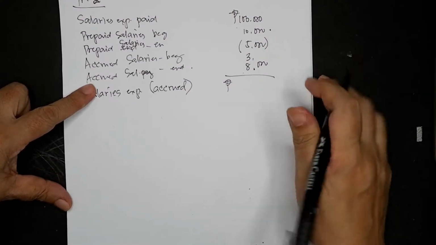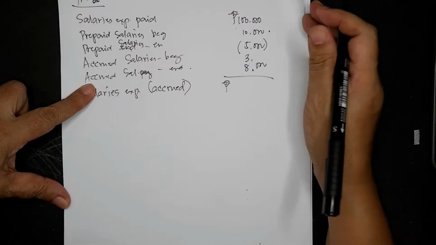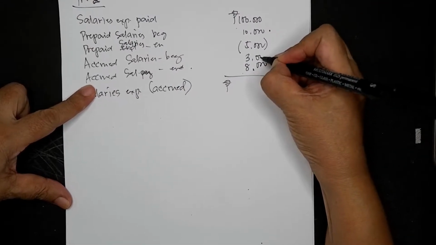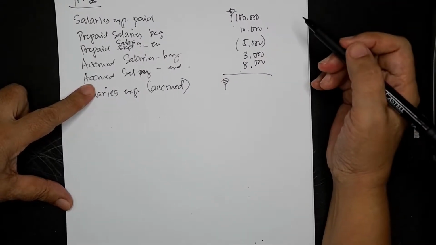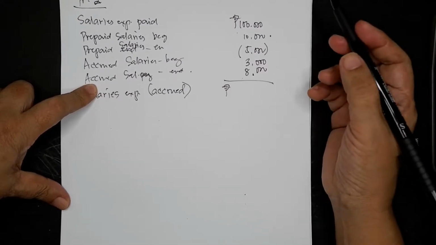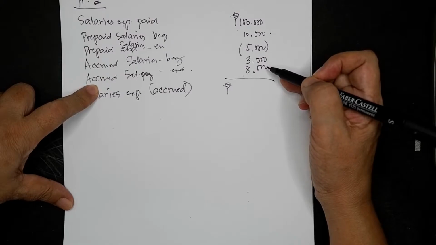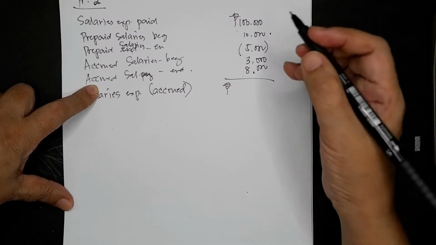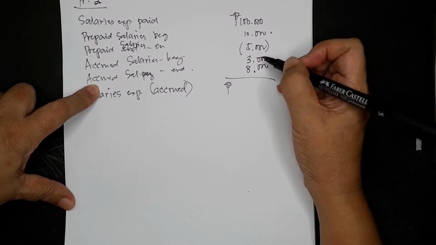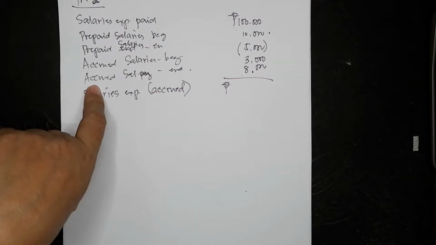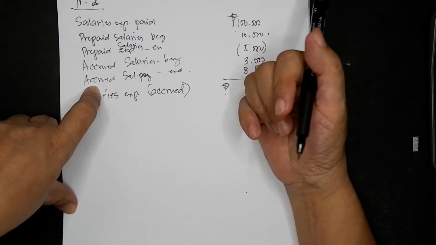Then, we have accrued salaries end of 3,000. Accrued salaries payable or accrued salaries end. Nangyari ba yan ngayong taon? Okay. So, kasama yan kasi first, what is accrued expense? So, let us define it first.